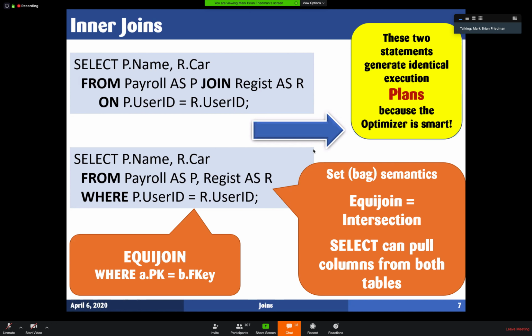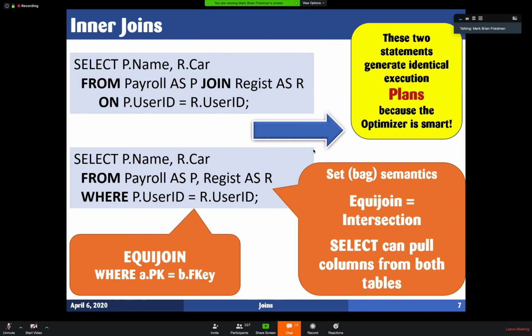Now, a point that we're going to get into further, but for now, just keep in mind, is that these statements are different. But when you see what the SQL does with them, they will generate identical execution plans, not because SQL is translating one into the other. That's not actually what happens, but it's because the optimizer itself is smart.